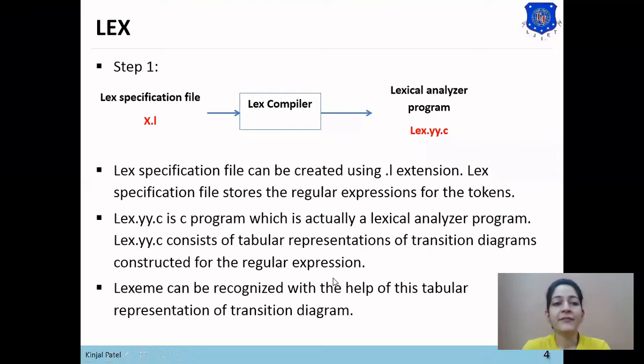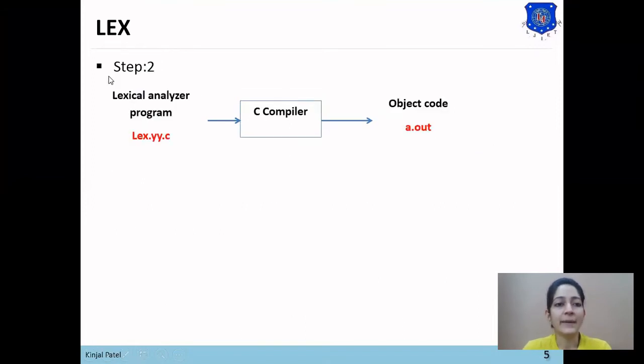Okay, so this is the first step of Lex: the x.l file will be converted into lex.yy.c, means the regular expressions will be converted into transition diagrams. Now step 2. In step 2, the lexical analyzer program created by the Lex tool will be passed to the C compiler, and it will generate an object called a.out.